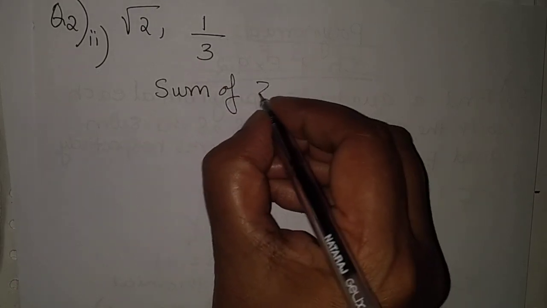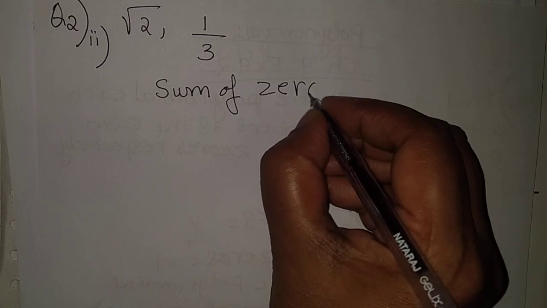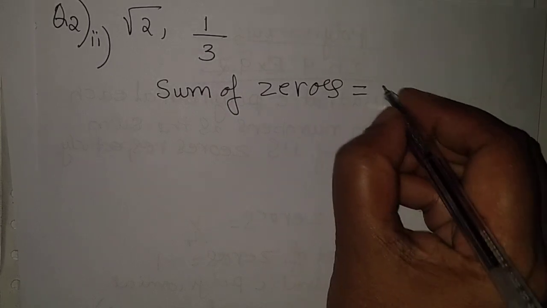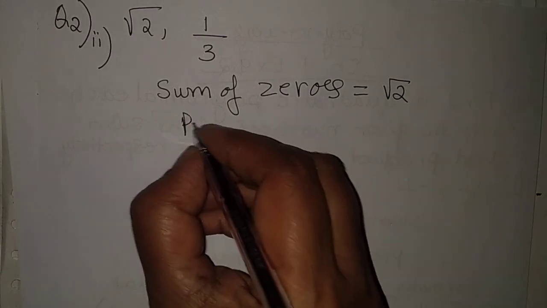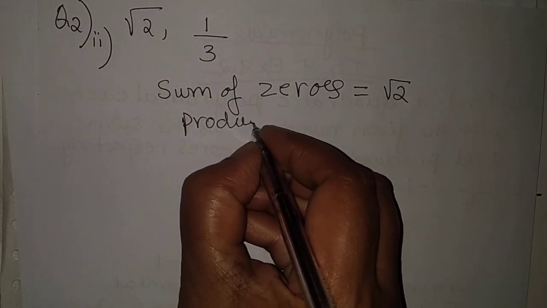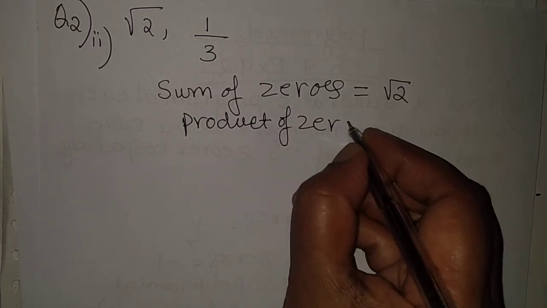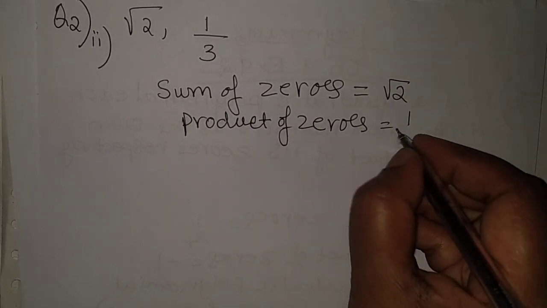Sum of zeros is equal to root 2, then product of zeros is equal to 1 by 3.